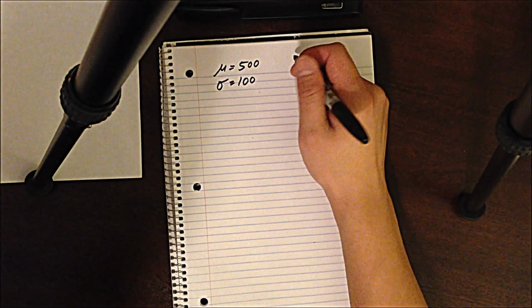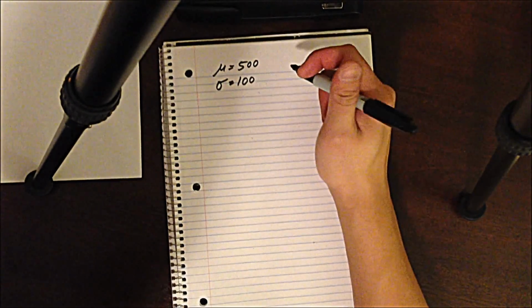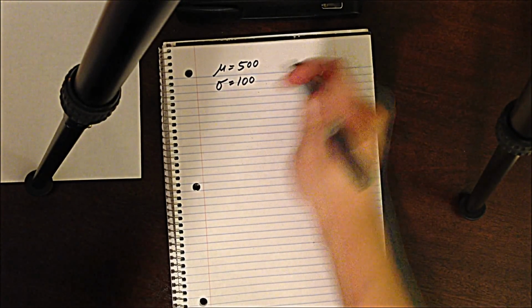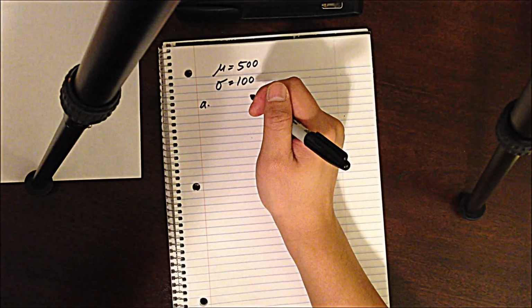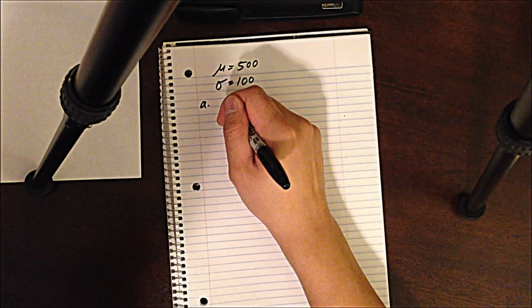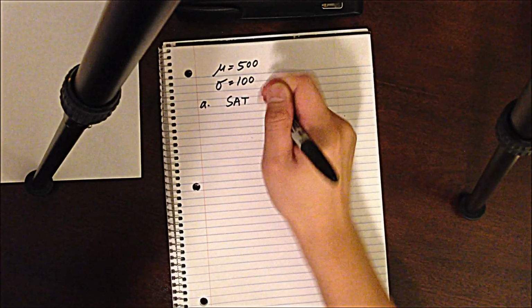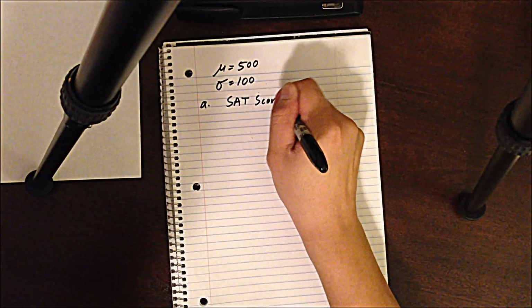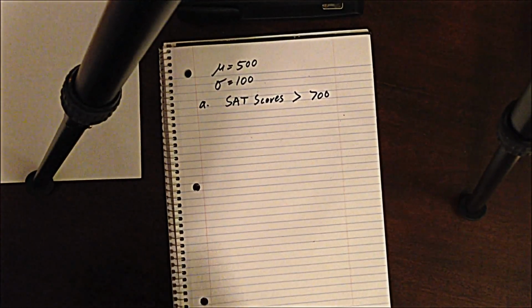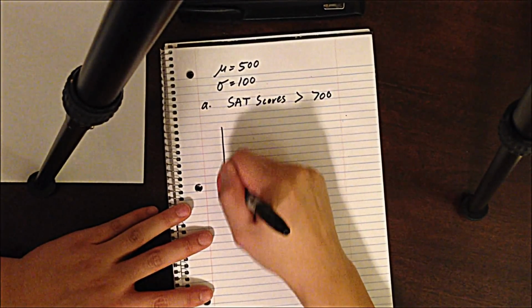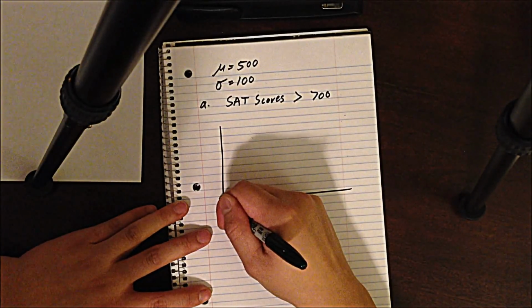So we know we're working with populations because it said it in the word problem, okay? The first question asks, what proportion have SAT scores greater than 700?